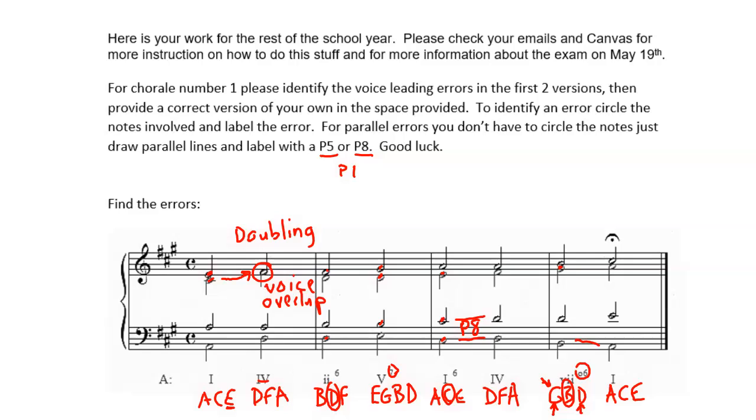And I've got one doubling error, a voice overlap. Overall, this actually would get a pretty good score. Oh, one other thing I didn't check, sorry. I checked my leading tones, but I didn't check chordal seventh. In this 5/7 chord, that D needs to go down.